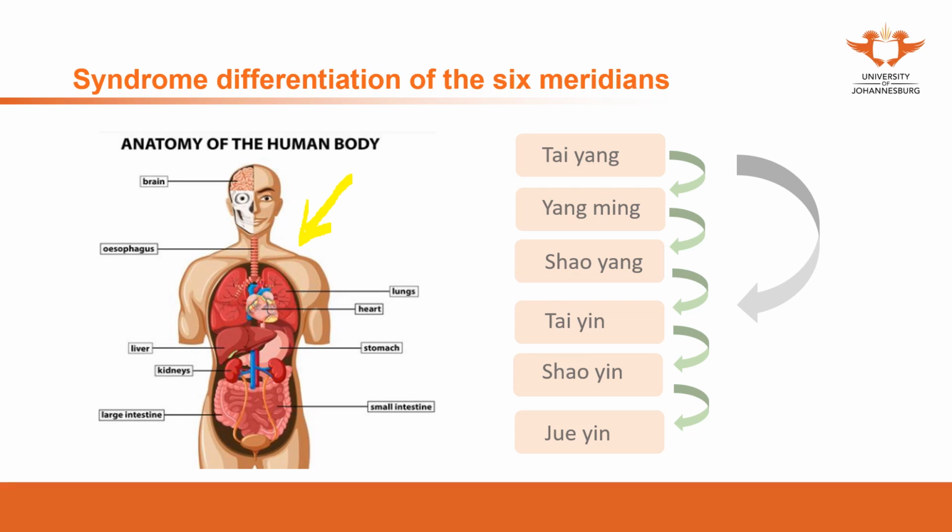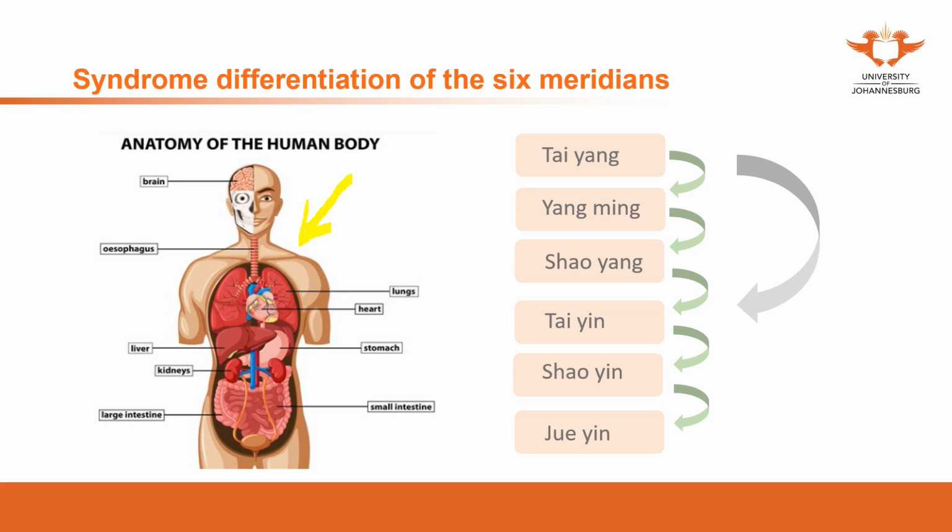That's why now we study the 6 meridians, the 8 principles, the 脏腑 organs. They might or might not have connections. This is just seeing the human body in a different way.